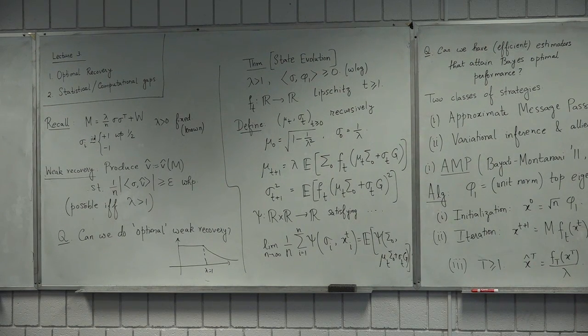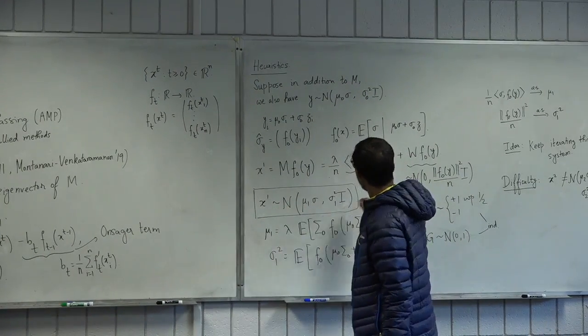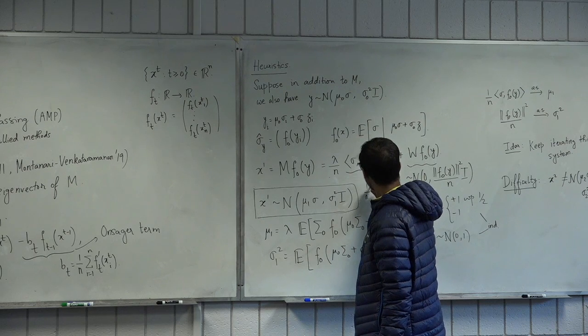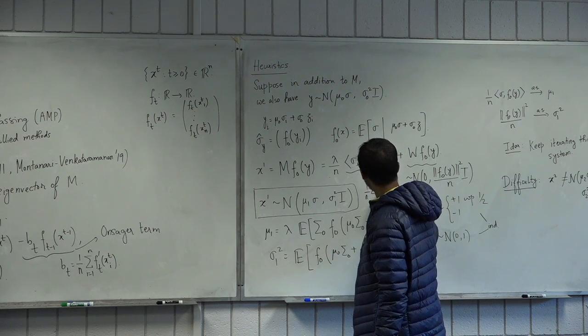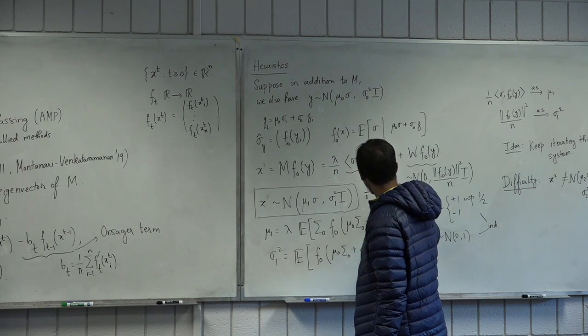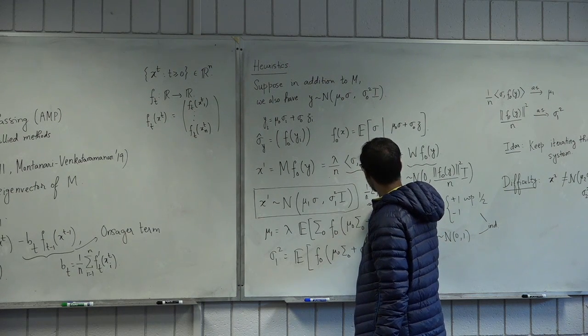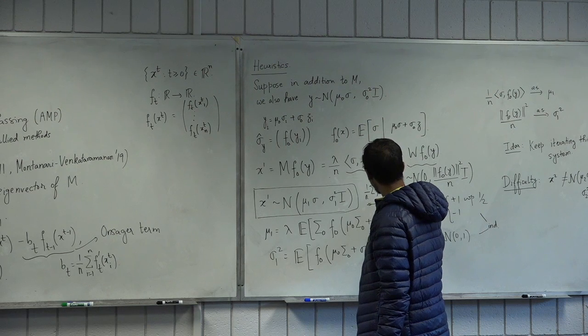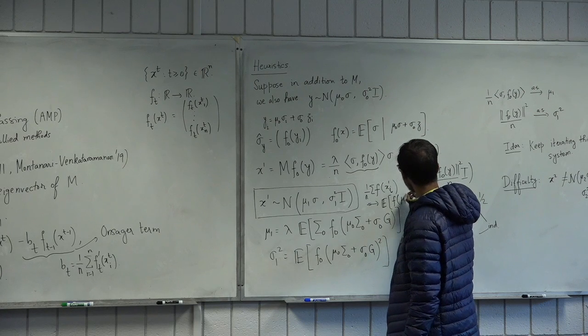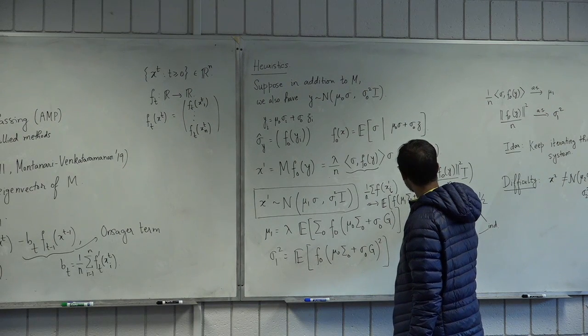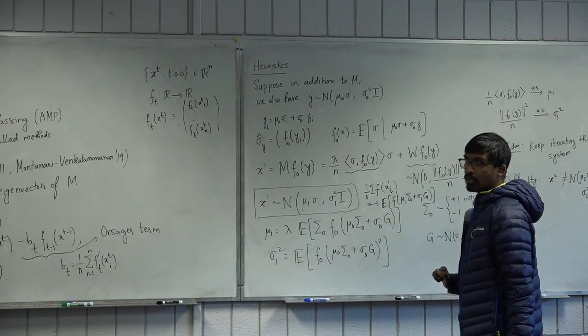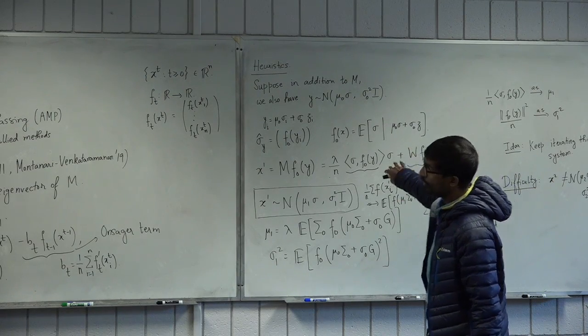For example, if I had a vector that was exactly an n-dimensional multivariate Gaussian, then the empirical average of f of x_{1i} would converge to the expectation of f of mu_1 times sigma_0 plus sigma_1 times g. So this is an appropriate generalization of our discussion here.